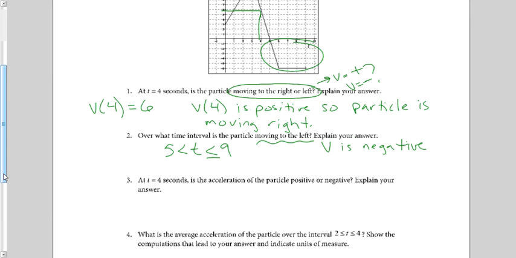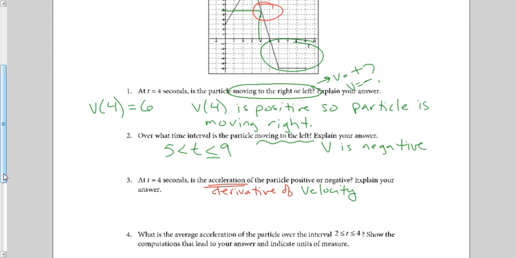Now, number 3, at t equals 4 seconds is the acceleration of the particle positive or negative? So for the acceleration, that's the derivative of the velocity. The derivative of velocity is just the slope. So let's look back at t equals 4. At t equals 4 right here, is that slope going to be positive or negative? In other words, is my velocity increasing or decreasing? So I can explain this 2 ways.